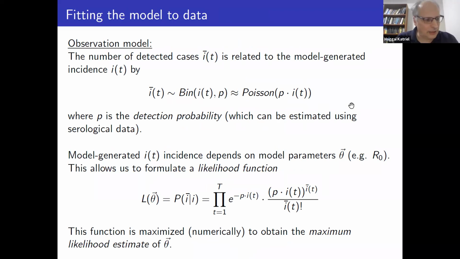And how do we fit it to data? We have some parameters which we need to estimate as part of fitting the model to data. And what we do is we have an observation model, in which we model how the observational data, which here is denoted by I bar, is related to the real number of infections.